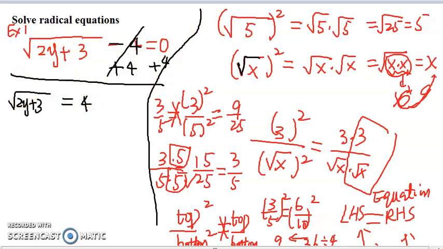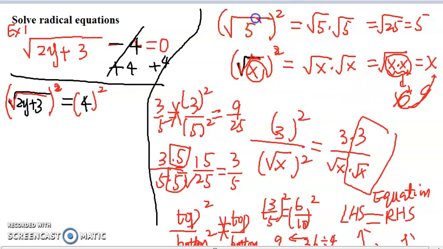Now we can square both sides, because there's only a radical sign by itself, no plus or minus number behind it. When you square a square root, they sort of cancel each other. They are inverse operations. Just like what I showed you before, when you square the square root of x, you're going to get whatever is within the radical sign, which is x.